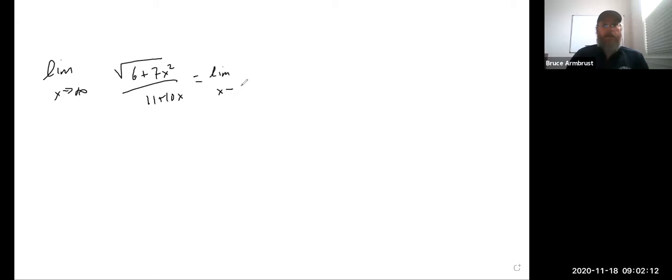You may remember seeing something like this, I think last week at some point. If I start with the top, I can pull out an x squared on the inside. So I have x squared times 6 over x squared plus 7. That x squared can come out of the square root.